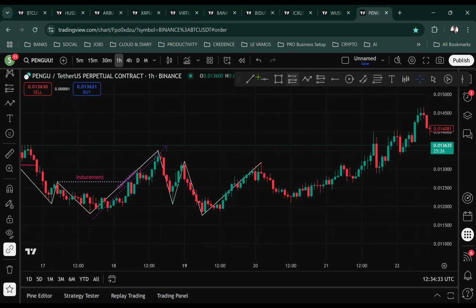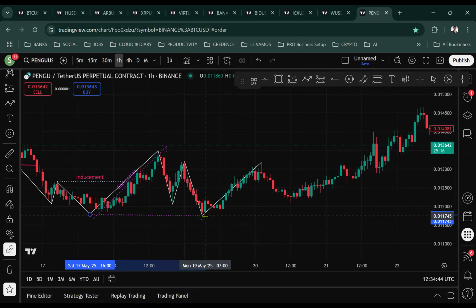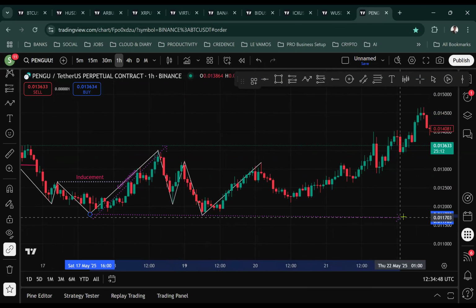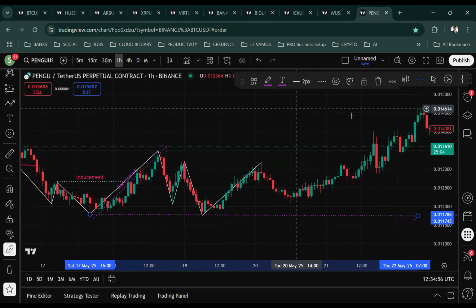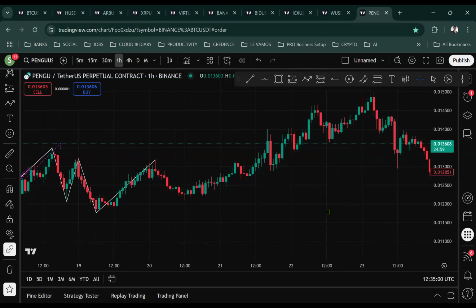Yes, in this case, it is like that only. Now, this is the point. Look, it's not going down. Keep scrolling to the right. See what the market did.